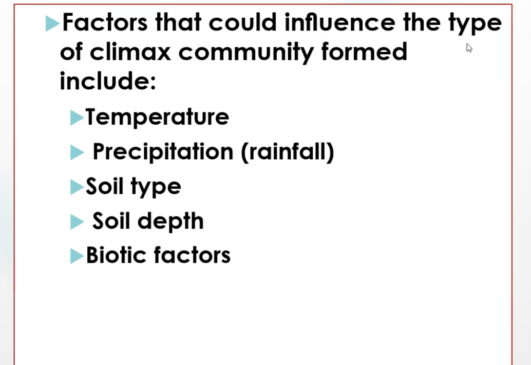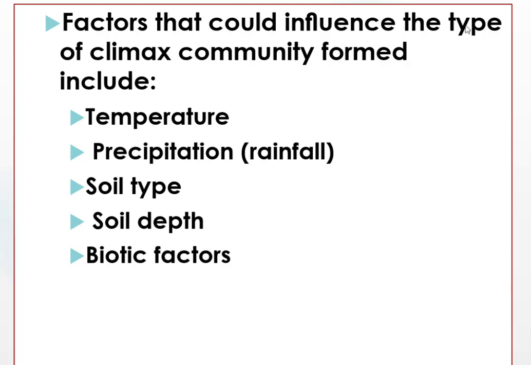There are certain factors that could influence the type of climax community formed. These factors are temperature, precipitation, soil type, soil depth, and biotic factors, which can determine what type of climax community develops in a given ecosystem.